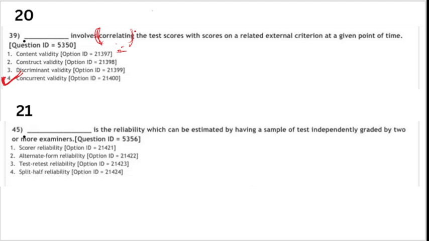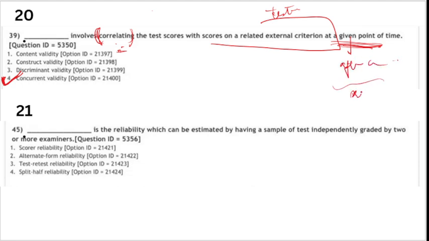No, it is saying directly that the scores are correlated with an external criterion or external test which was already present at the same point in time. If it had been at a point in time in the future, then it would have been predictive validity, that one test can predict the scores on another, and they are so much correlated. But here, at the given point, it is concurrent or current validity.